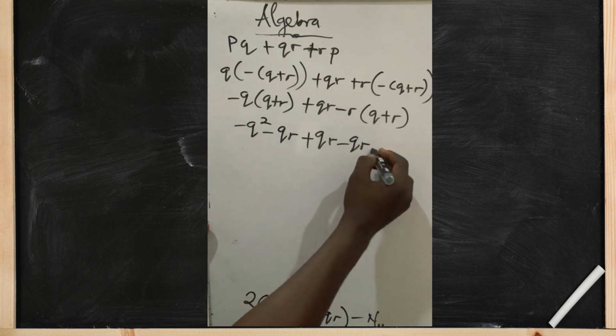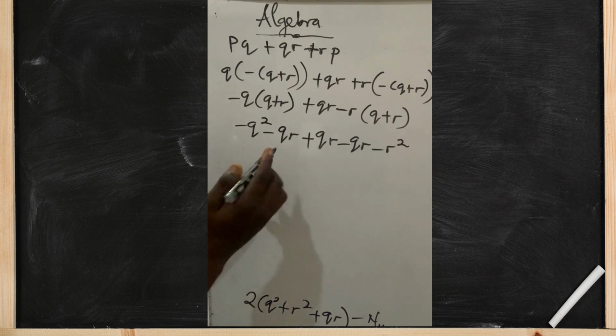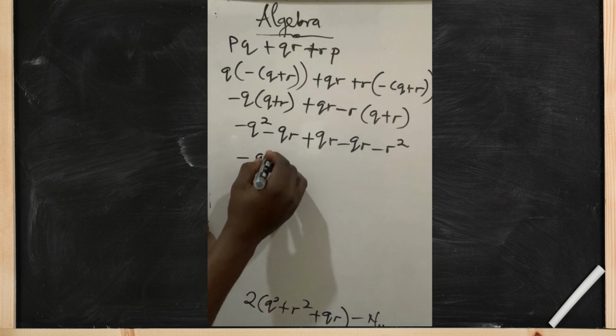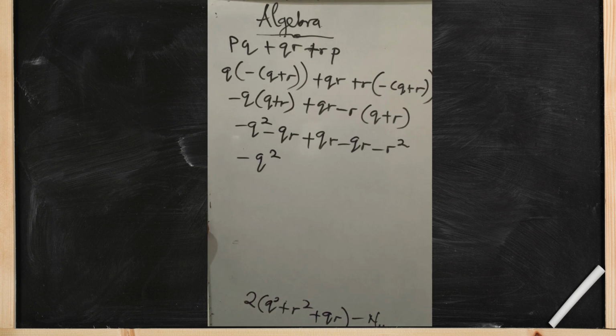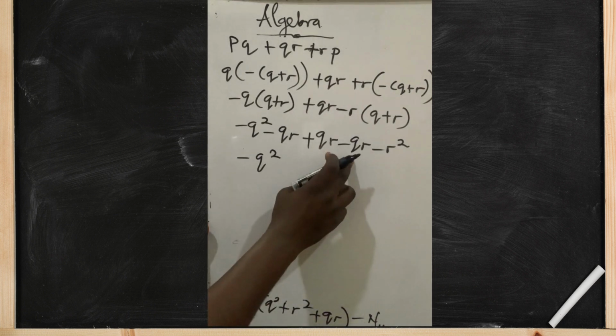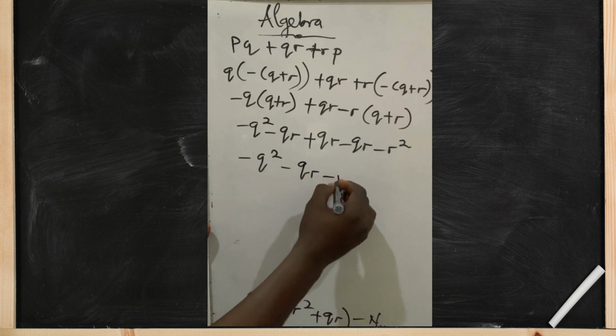Then minus R times this will give you minus R squared. Okay, so once we have this, we now have minus Q squared minus QR plus QR will give you 0. We'll be left with minus QR minus R squared.